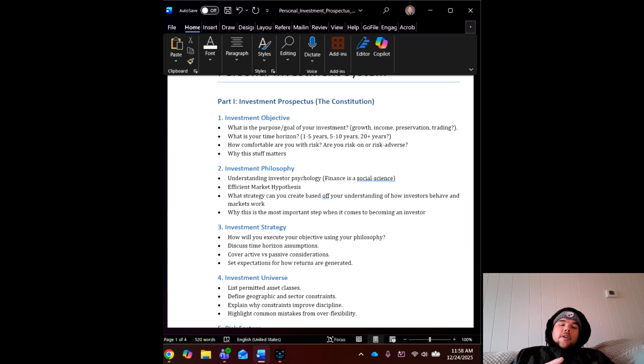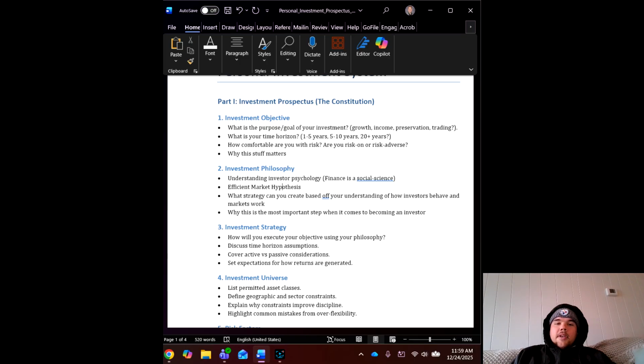What the inefficient hypothesis means is that there are inefficiencies within the market. An efficient market means that the market's efficient, and that prices of stock are where they should be at all times.